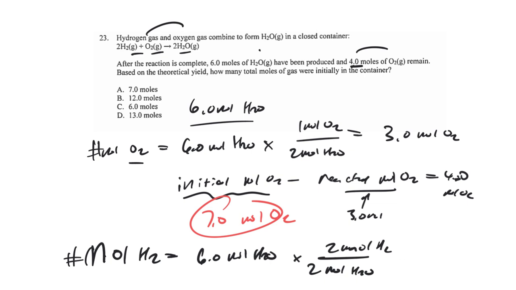And so that means that we had to initially have 6 moles of H2 in order to react with the 3 moles of O2 to produce the 6 moles of water. So 6 moles of H2 initially had to be present, and then they're completely consumed, so it's down to 0.